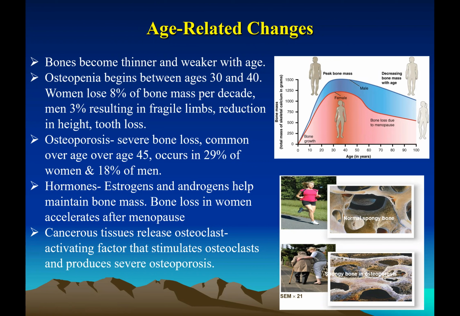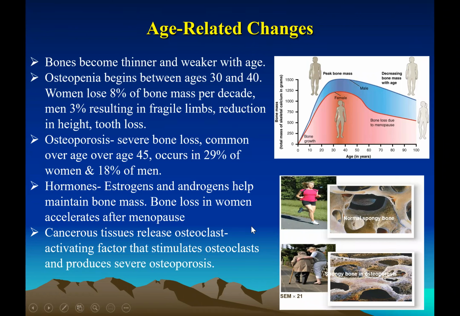Estrogen and androgens will help to maintain the bone mass. So when these hormones change after menopause in women, it is accelerated. So intake of calcium through the diet is very important, and exercise also is very important.